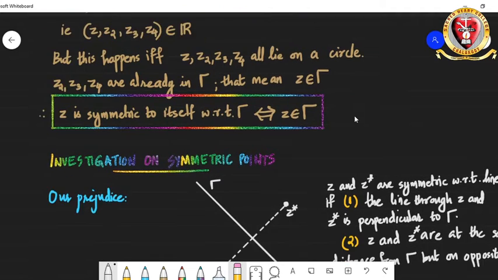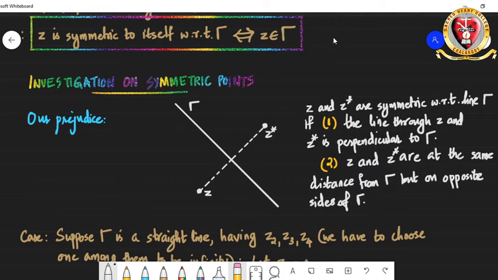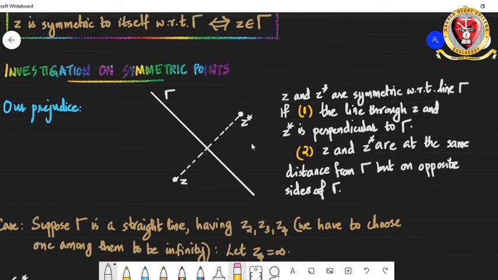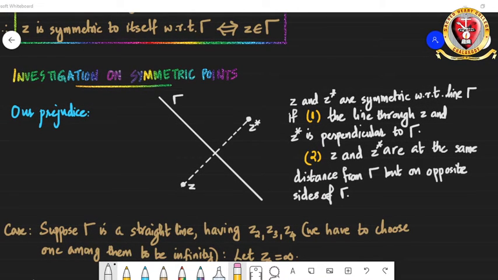So now let's see if we can make some notes on symmetric points. Generally when we hear the word symmetric point, we tend to think about symmetricity with respect to a mirror. Suppose this line is a mirror, and we keep the point Z here, then you have the mirror image of the same point, Z star, sitting here. So whenever Z and Z star are symmetric with respect to the line, you can visualize it as a mirror.